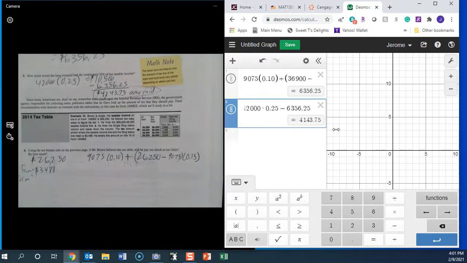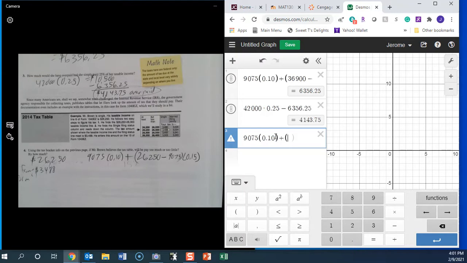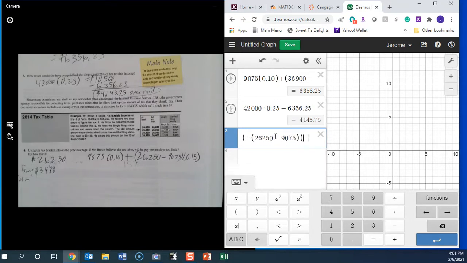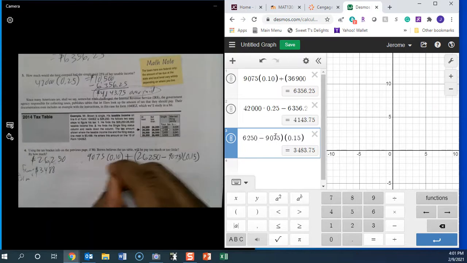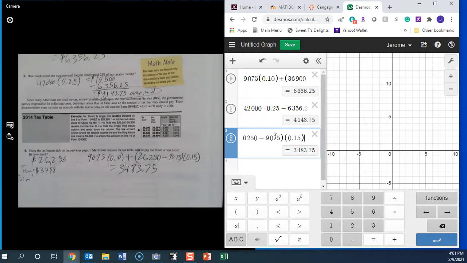Now we'll put this in our calculator. So we have 9,075 times the 10% plus the 26,250 minus the 9,075 times 0.15, and that will give us $3,483.75. Okay, this is how much you were supposed to pay.